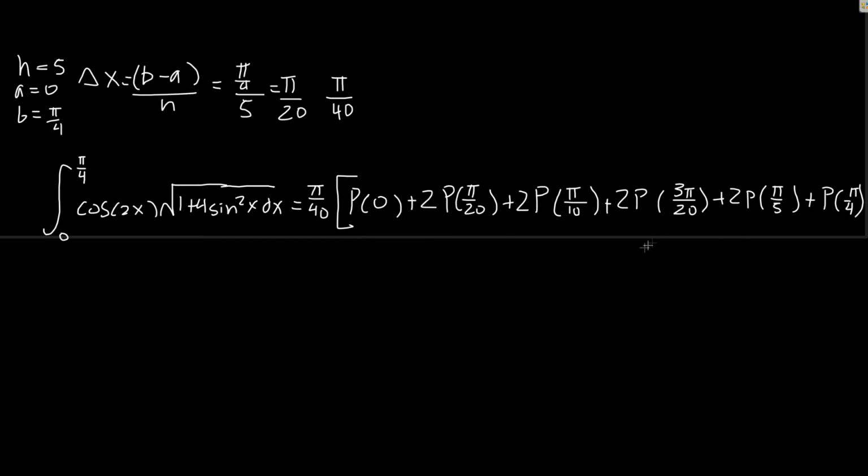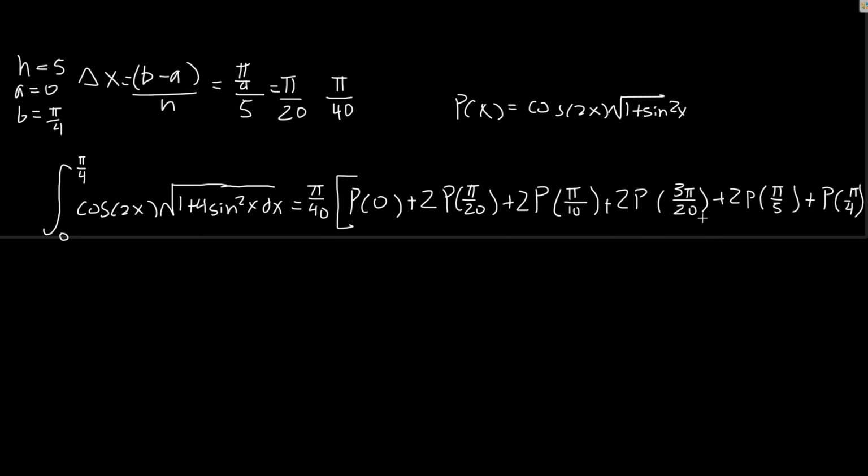I highly recommend putting this into your calculator, defining the function p of x as cosine 2x times the square root of 1 plus 4 sine squared x. That way you can save yourself a lot of computations and find this value.